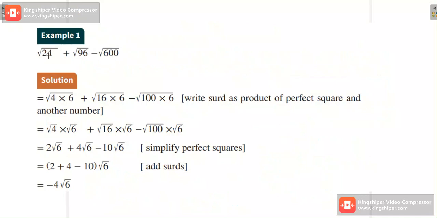We can write 24 as 4 times 6, where the 4 is a perfect square. 96 can be written as 16 times 6, where 16 is a perfect square. Then 600 can be written as 100 times 6, where 100 is a perfect square.